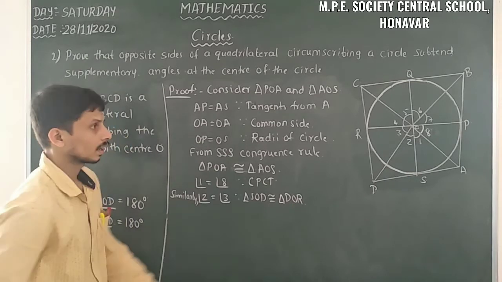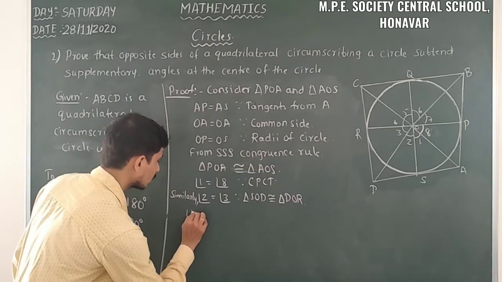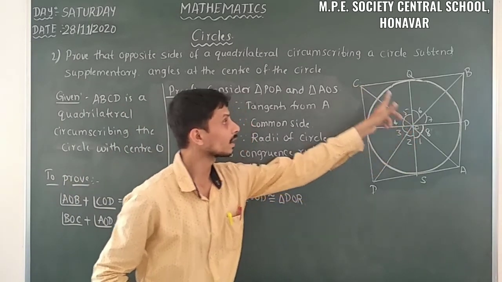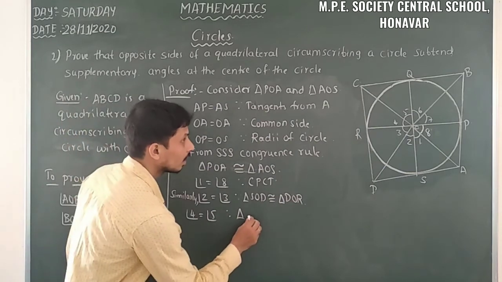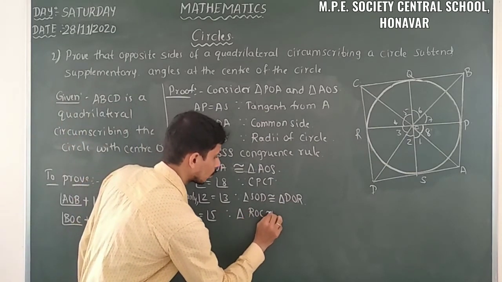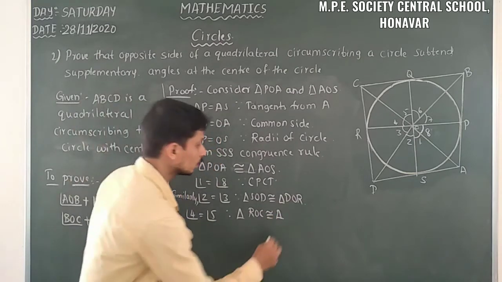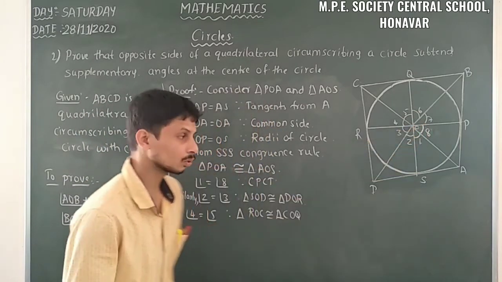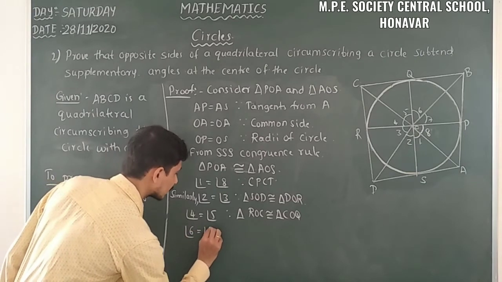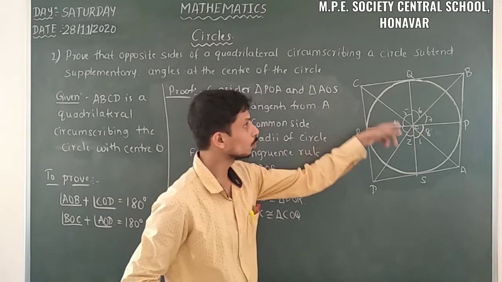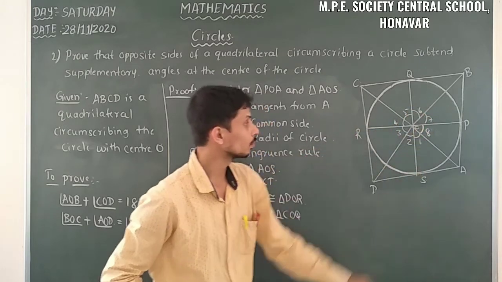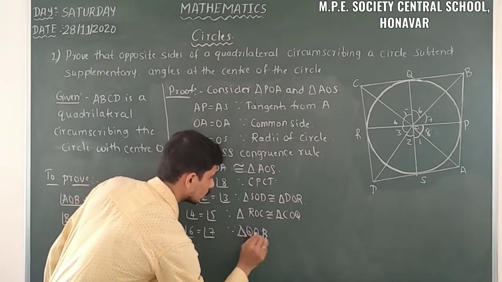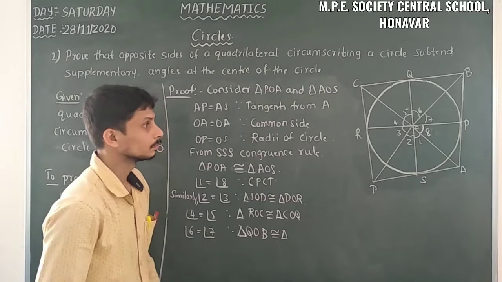And again angle 4 is equal to angle 5 because triangle ROC is congruent to triangle COQ. Similarly, we have angle 6 is equal to angle 7 because triangle QOB is congruent to triangle BOP.